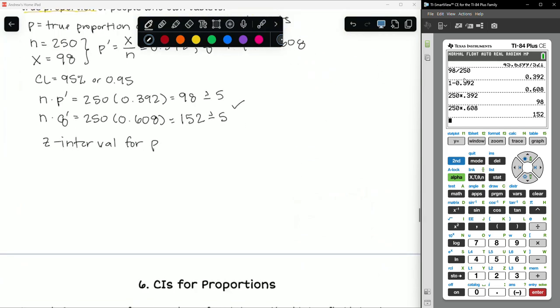I'm going to start by finding my critical value. So we're back to the normal distribution. I know 95% is about 2 standard deviations away from the center, but we're going to use inverse norm to check.